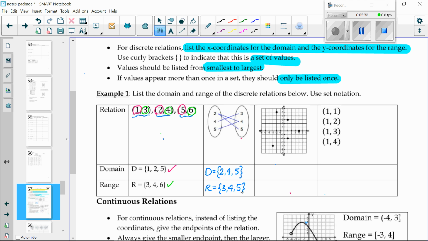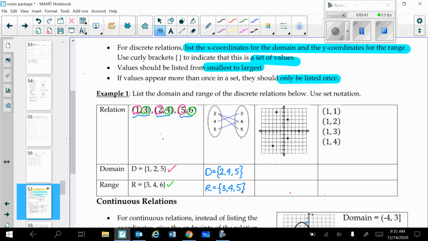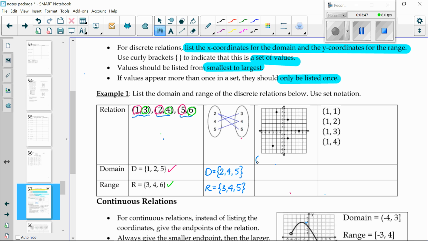Okay? So now let's take a look at the graph. So I've got some sort of relation here, okay? And I've got the following points. Definitely list them. So we've got -3 and -4. I have the point up here, -2 and 5.